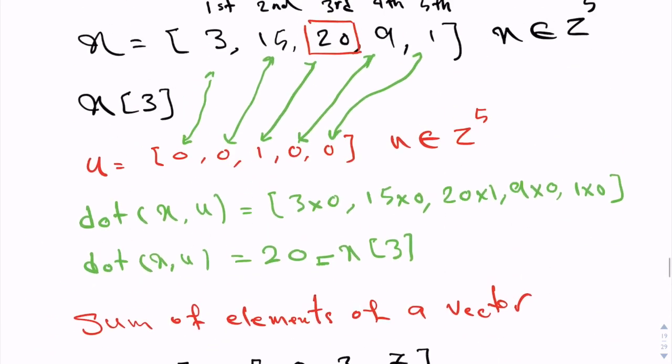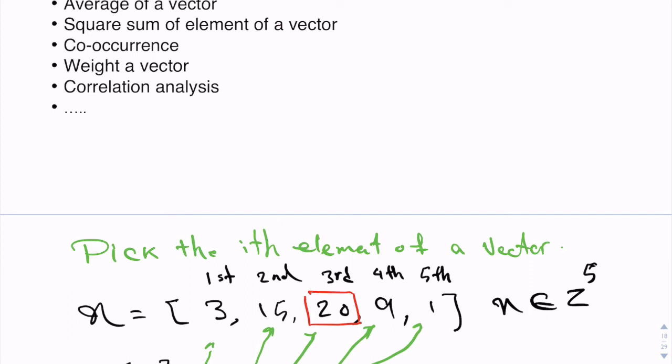The other application is the square sum of elements of a vector. That's also important because when we talk about probabilities and standard deviation, we use this formula a lot. And also when we talk about the error of a prediction, we use this dot product.